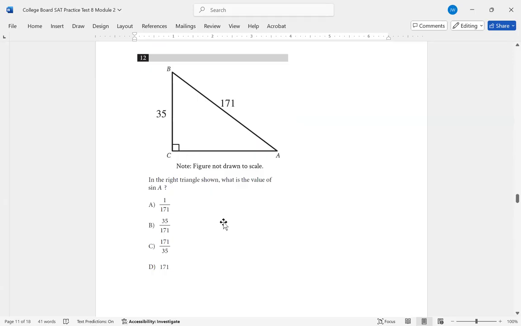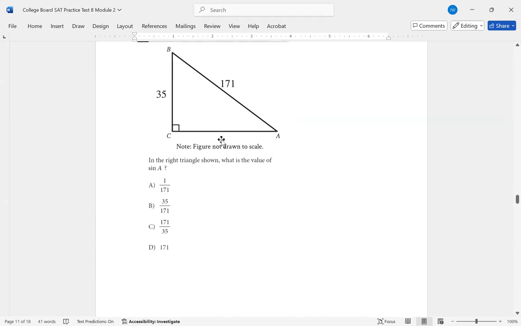Question 12. In the right triangle shown, what is the value of sine of A? And we can see that we have this right triangle. It says the figure is not drawn to scale, so don't worry about the scale of this thing.